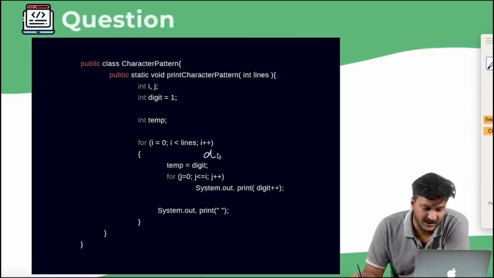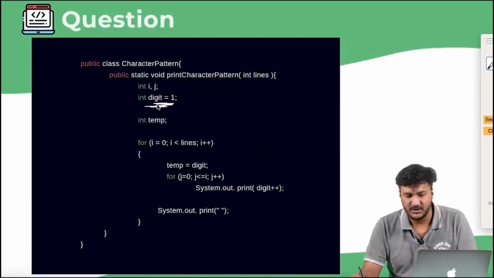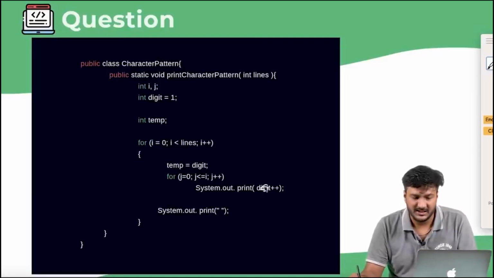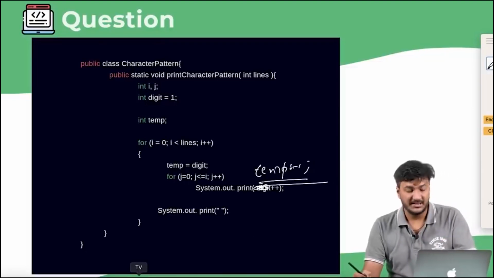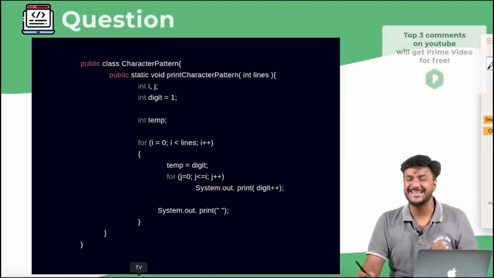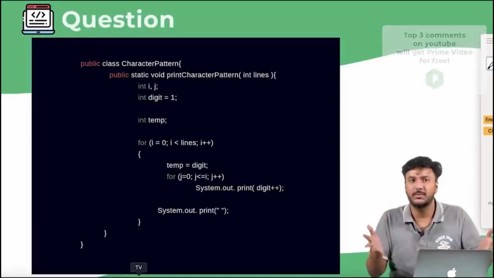So what exactly we are doing: either we can do digit equals 1 before this line, or there's a simple thing. Digit equals 1 is already assigned at the top. The only thing you need to do is, rather than digit plus plus, do temp plus plus, and that's done. Now that I've explained it, this seems easy, but I've seen people in the exam say they're not able to understand it.